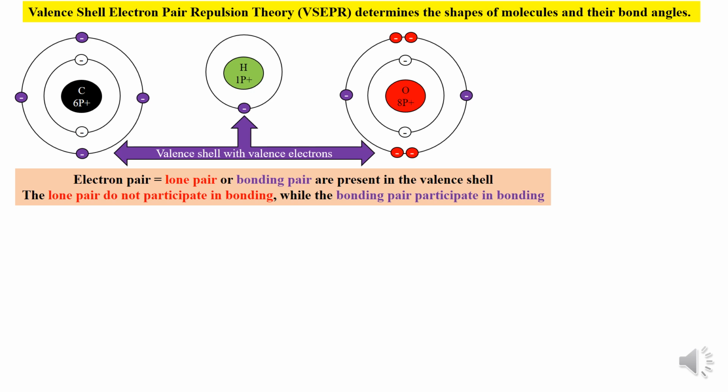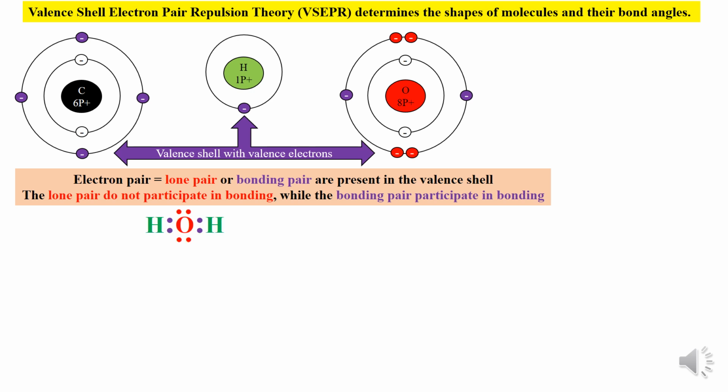Now the lone pair of electrons in the outermost shell do not participate in the bonding process, while the bonding pair, they participate in the chemical bonding process. So lone pairs do not participate in bonding, while the other electrons in the outermost shell participate in the chemical bonding process.